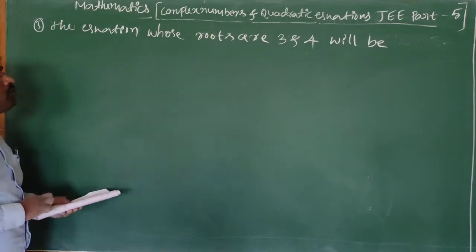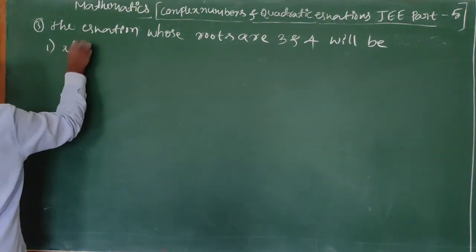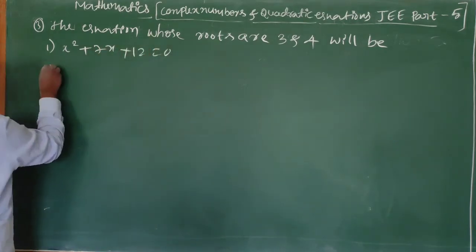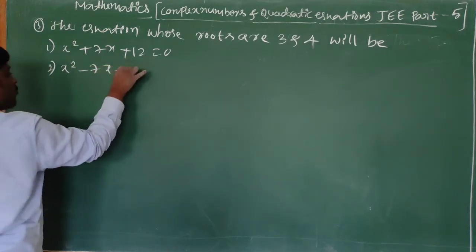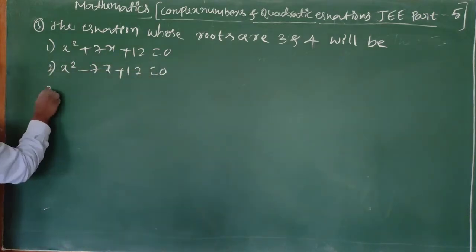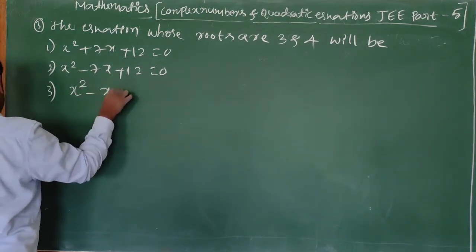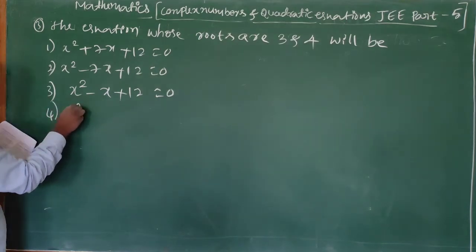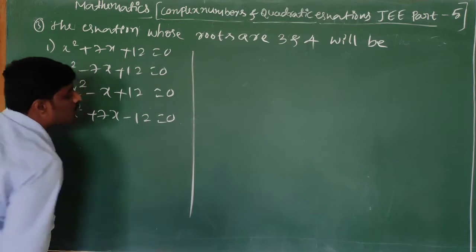Here the first option is x square plus 7x plus 12 is equal to 0. Second option, x square minus 7x plus 12 is equal to 0. Third option, x square minus x plus 12 is equal to 0. Fourth option, x square plus 7x minus 12 is equal to 0.